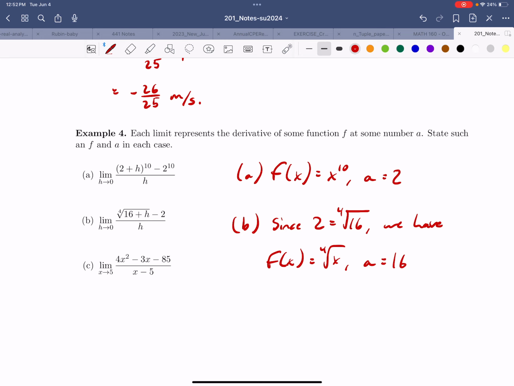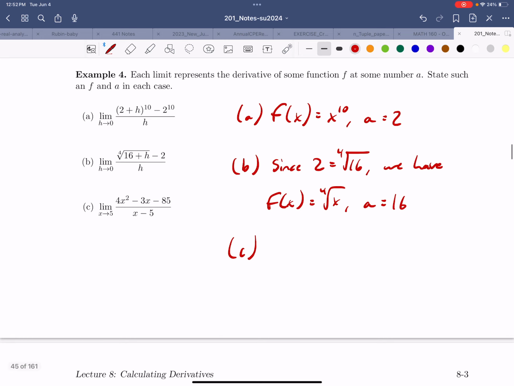Okay? And then for the last one, this also is a little bit tricky, but you have to notice that this is using the other definition of the derivative, right?